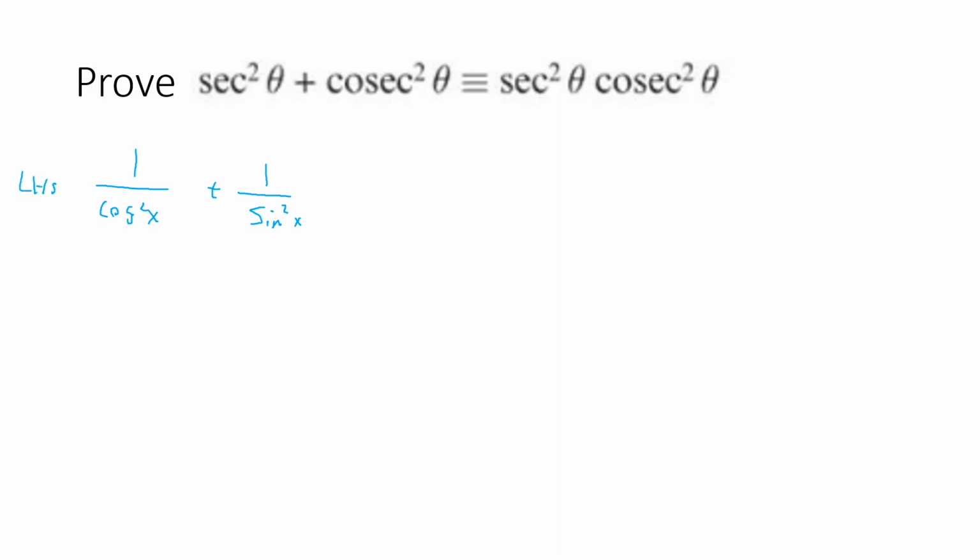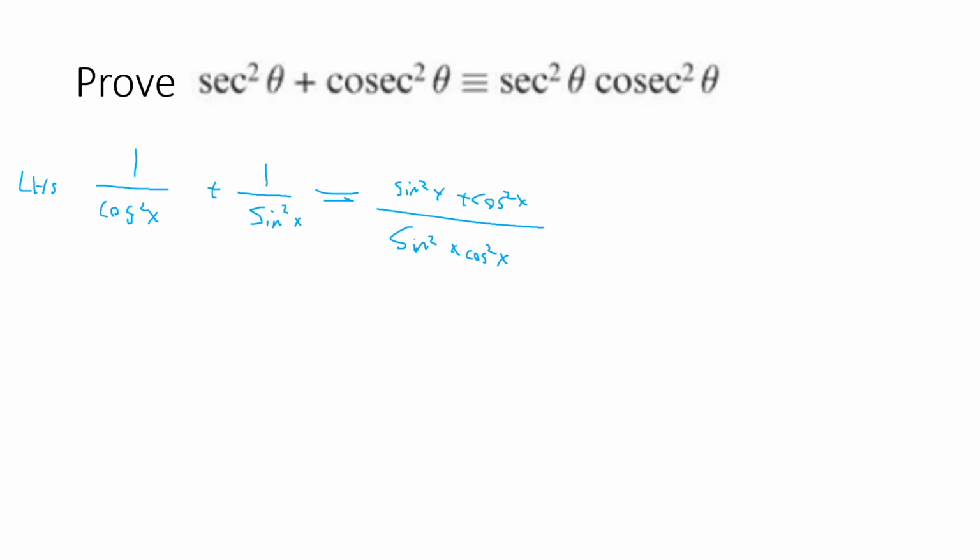Left-hand side, which is equal to... what we're going to do, cross multiply. So this is sine squared x plus cos squared x over the denominators multiplied together, sine squared x cos squared x. Okay?